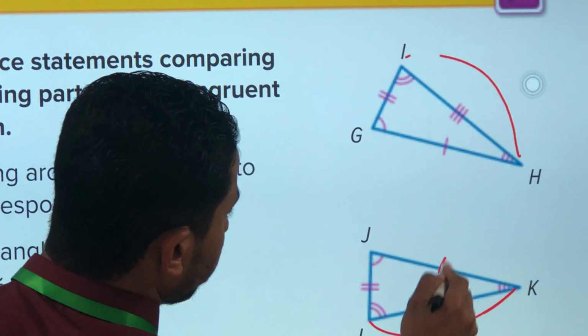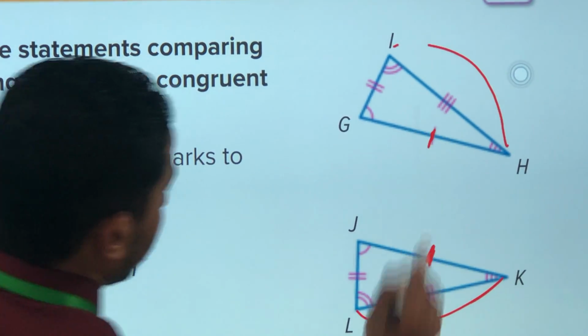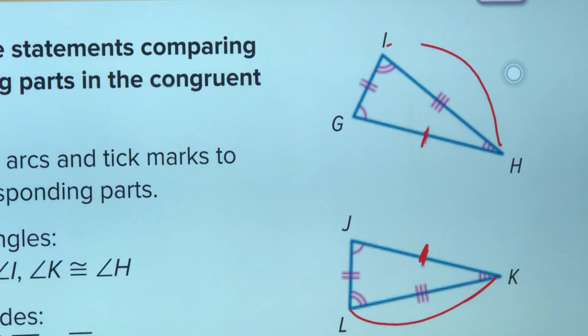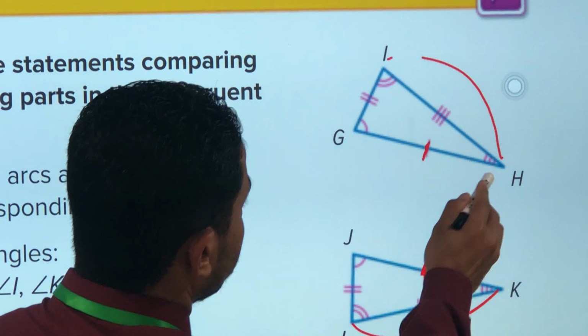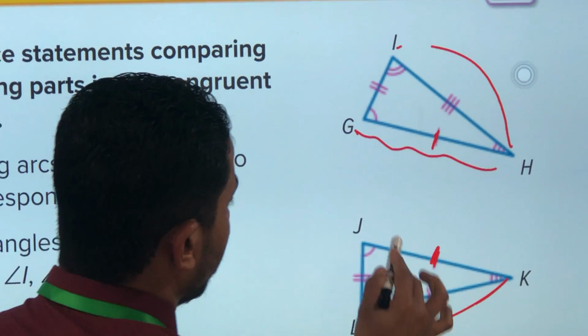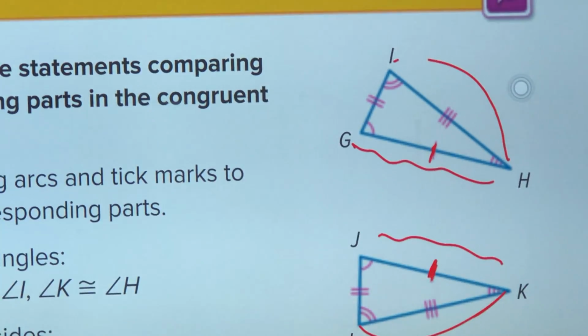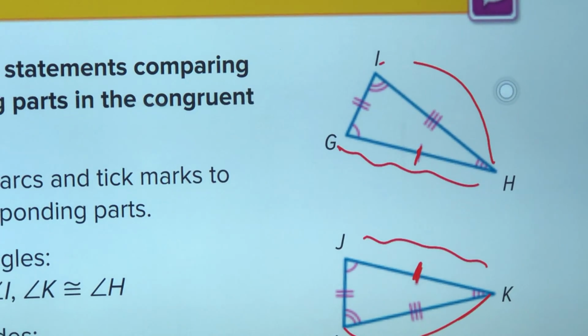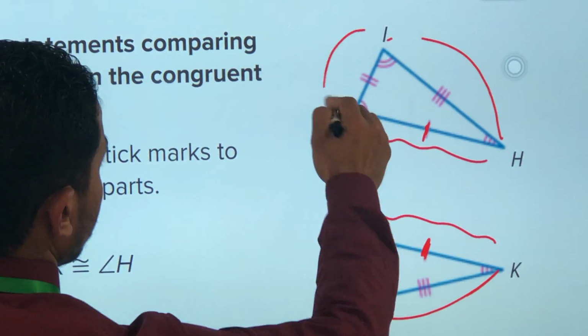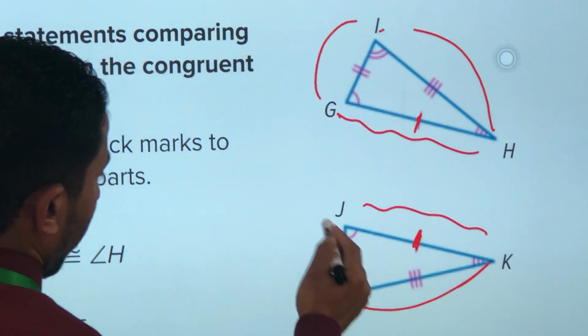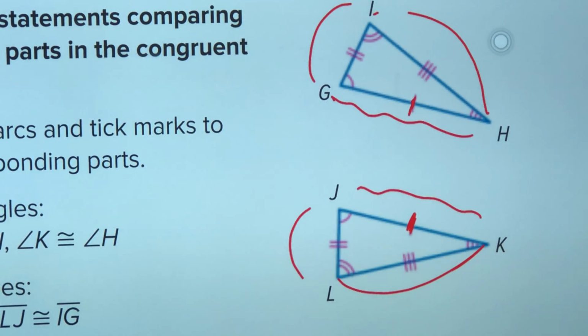Here one dash and one tick. So HG is equal to JK, and the last side IG equals JL.